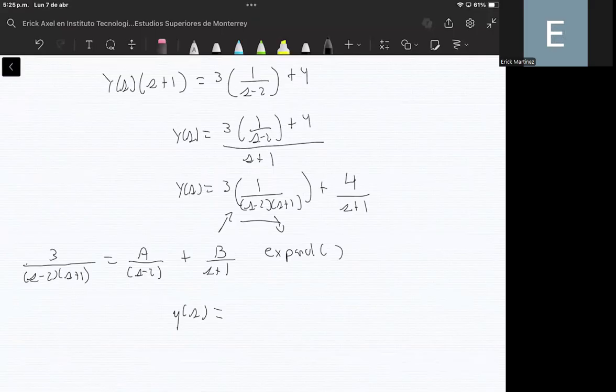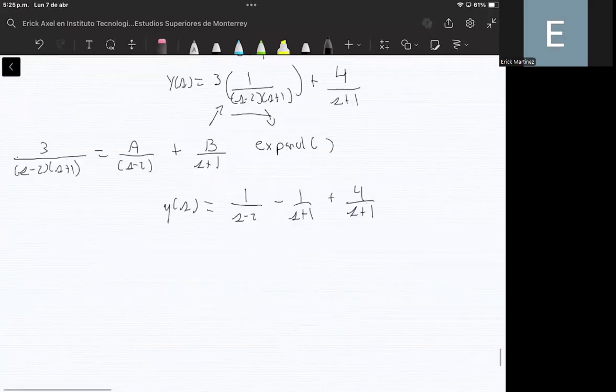We have 1 over s minus 2, minus 1 divided by s plus 1, plus 4 divided by s plus 1. So we have Y of s equal to... just one moment.